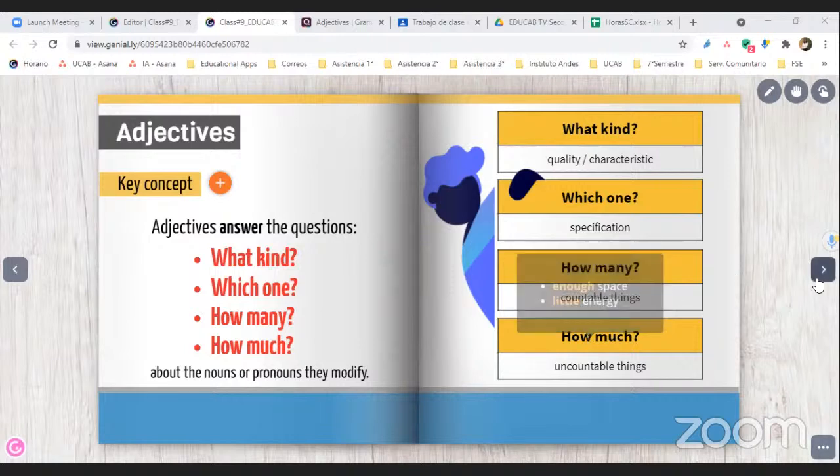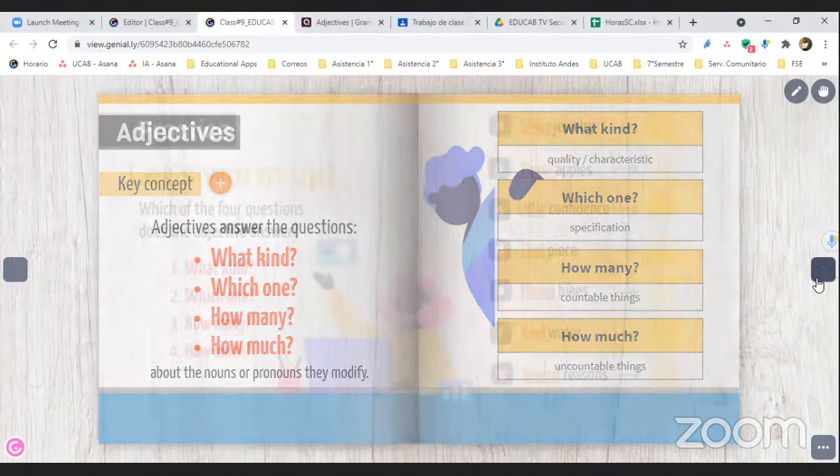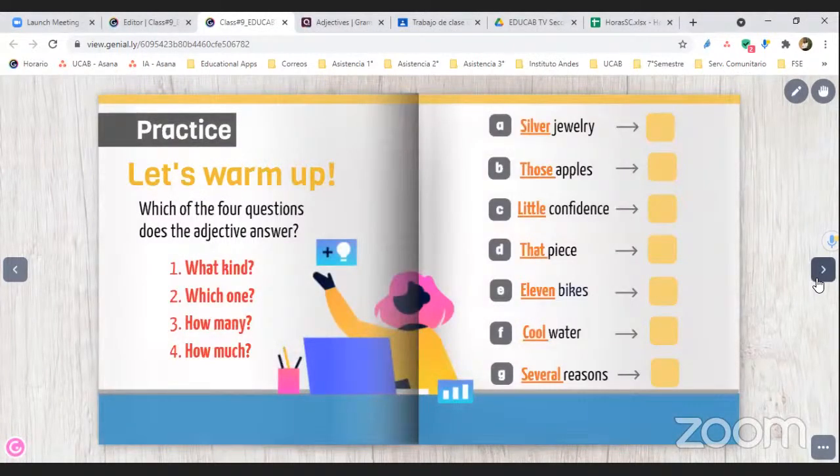Okay, so we're going to do a warm-up activity that we did something similar to last time, but we couldn't finish. So I was hoping that we could finish it today, okay, as a warm-up.